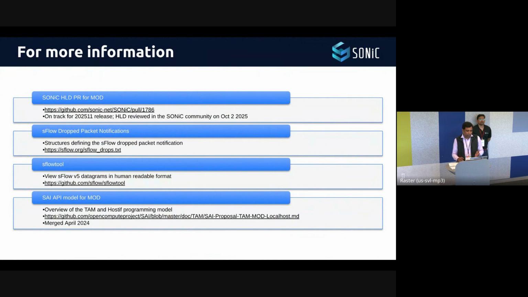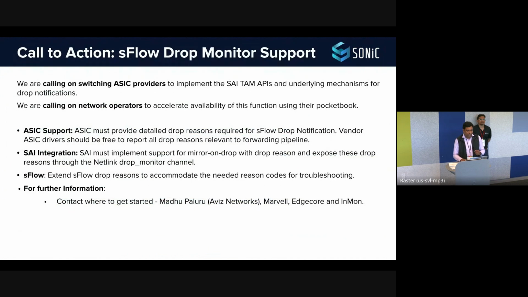And finally, we have the SAI TAM API, which has been out there since 2024. Thanks to Marvell, they came forward and are implementing the SAI TAM API, and I would like to request more and more ASIC vendors to participate and bring unified visibility into packet drops. And I have a couple of call-to-action items.